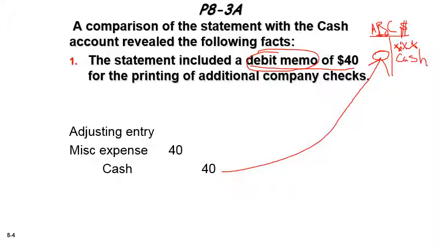So when you see this, you have an expense for the checks being printed and the cash is being reduced.